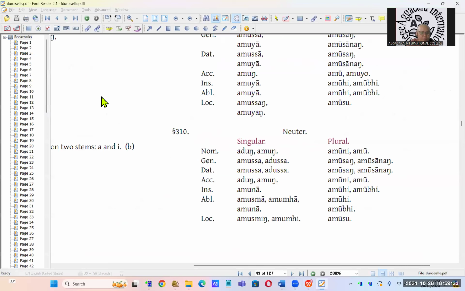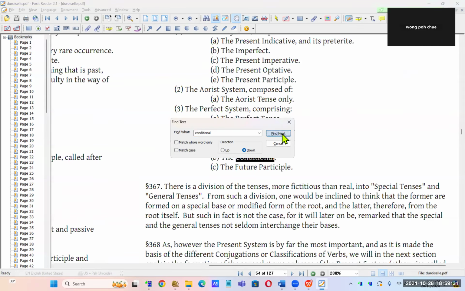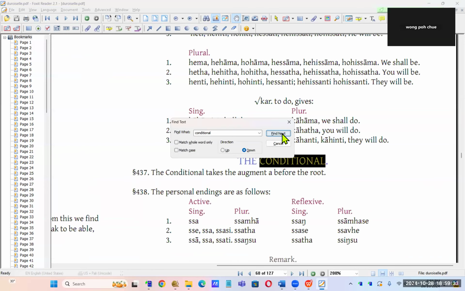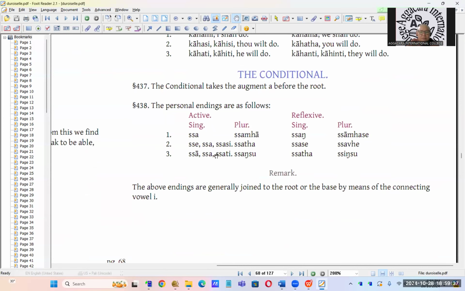Now you can see the example given in Duroiselle more, right? Kamisa, kamisati, kamisamsu.